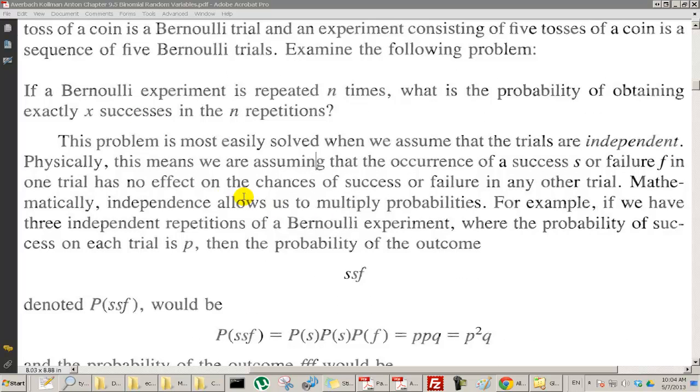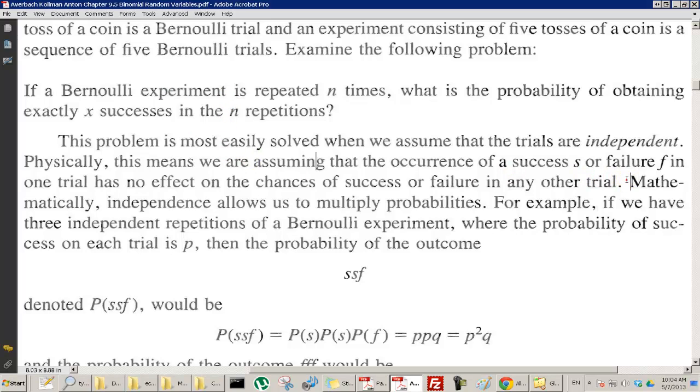They say this problem is most easily solved when we assume that the trials are independent. So when we toss a coin many times, we usually say that the tosses are independent, right? What happens on one toss, the second toss is not affected by what happened on the previous toss. Physically, this means we are assuming that the occurrence of success, S, or failure, F, in one trial has no effect on the chances of success or failure in any other trial.